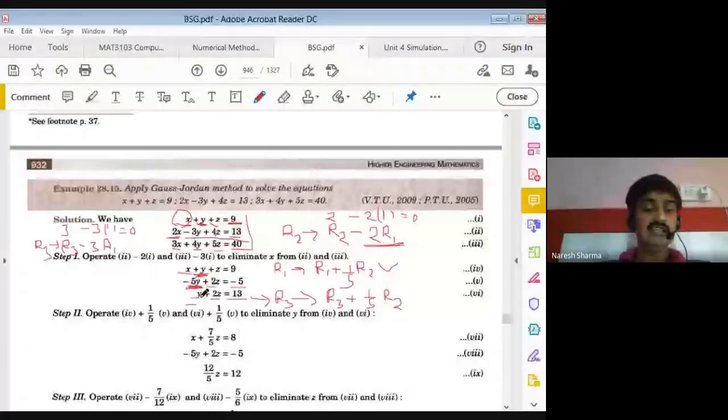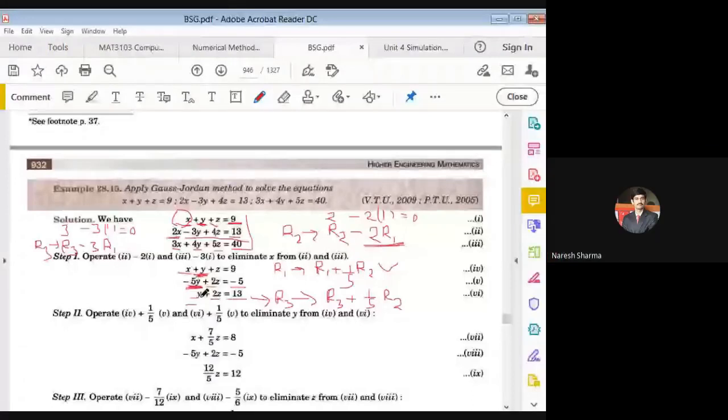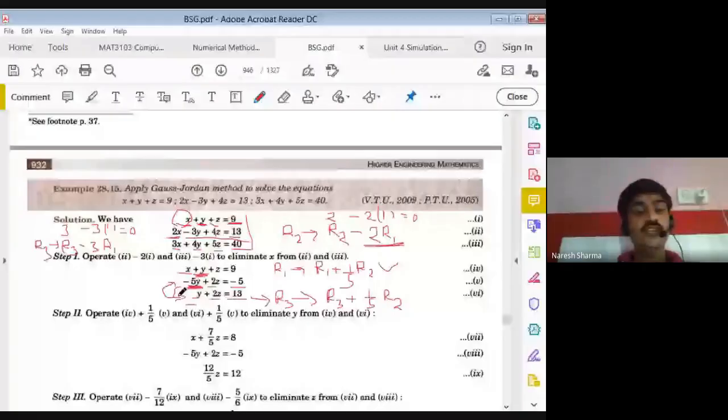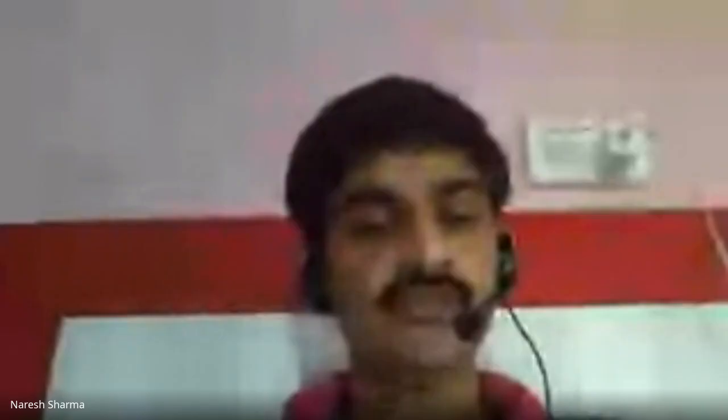We can shift the third row to the location of the first row and the second to the third. So you can interchange at this step if you want. If you feel it is not required, we may interchange these two if you feel comfortable, then only. So here I have not changed.